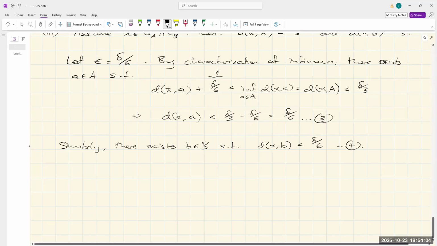Okay, so we found an a and a b that satisfy these inequalities. The reason why I'm doing that is because I don't want to go into the explanation of why that infimum is actually a minimum for this particular function.